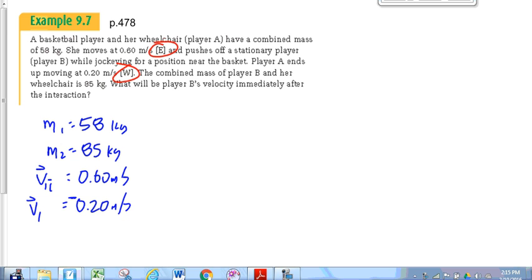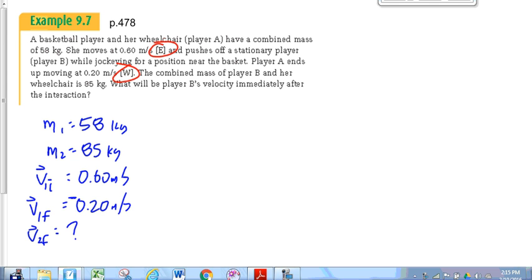V1I or V1F? Yeah, F. It's the final velocity of that object, right? We're looking for V2F, right? The final velocity of player 2.